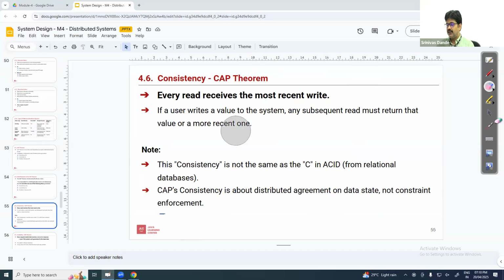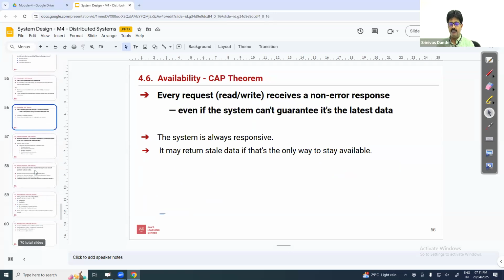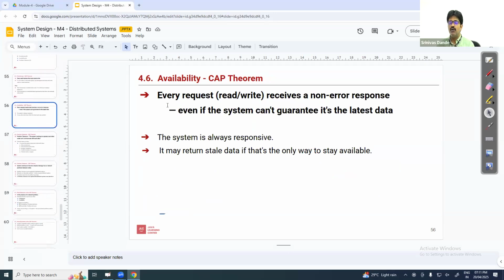CAP's C, then availability. Availability: each request, a read or a write, receives a non-error response. The system is available. High availability means the system is up and running.